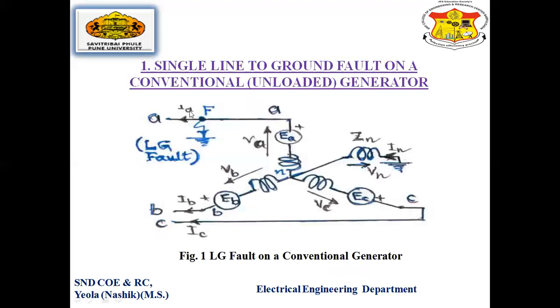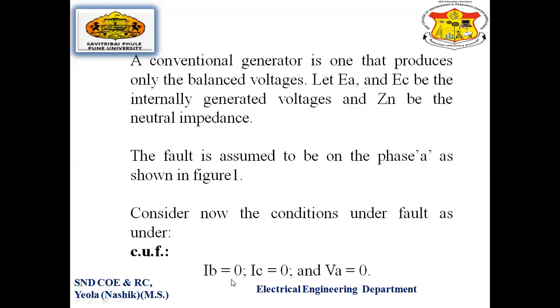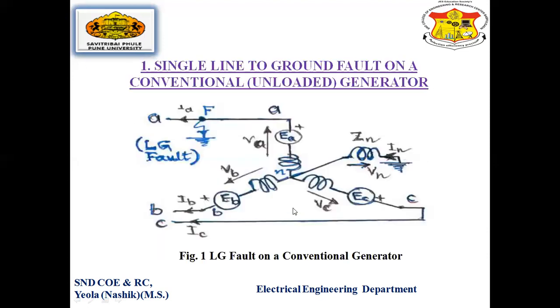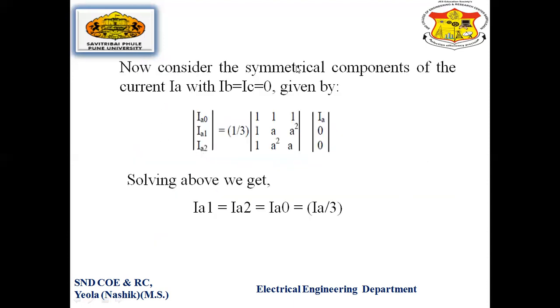This means that when the fault is created on phase A, the voltage of phase A becomes 0, and the currents flowing in phase B and phase C are also equal to 0. Only the phase A current is flowing at the fault point to the ground. Now consider the symmetrical component of the current IA with IB and IC equal to 0.